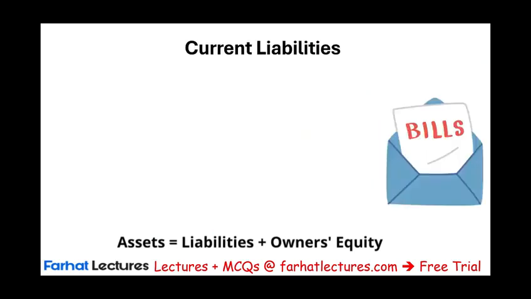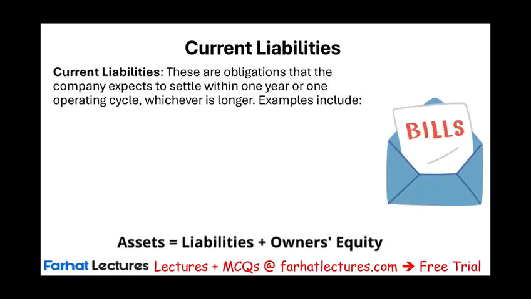Now, liabilities also can be broken down into two groups, current and non-current, which is short-term and long-term. Same concept. Any debt that you're going to settle, meaning pay, within 1 year, or the operating cycle, don't worry about the operating cycle for now, is considered current or short-term. What could be some examples of current liabilities?